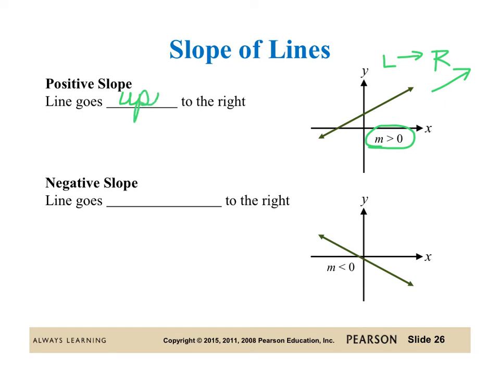Whereas the other line, which has a negative slope, as our last example did, goes downhill as you go from left to right. So it goes down to the right. You're always reading from left to right.